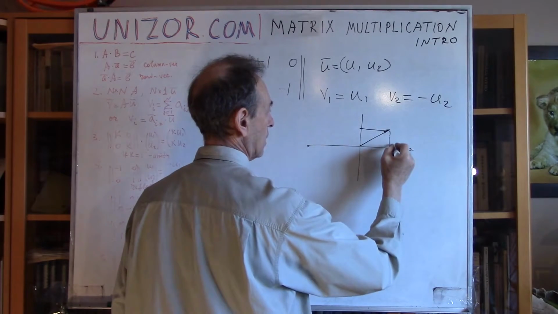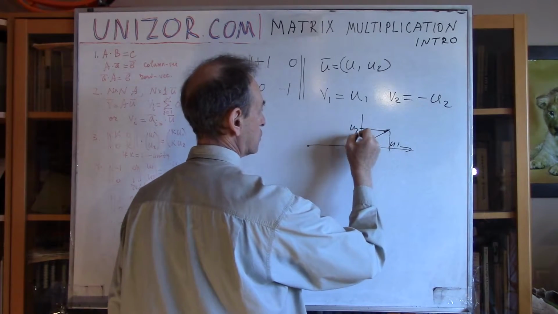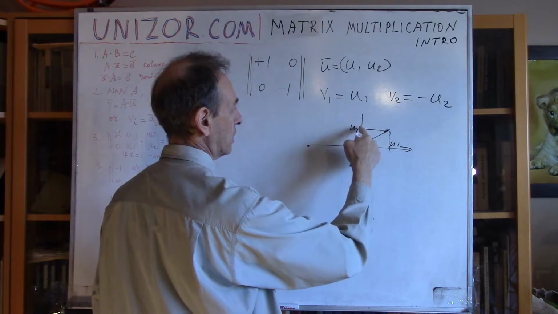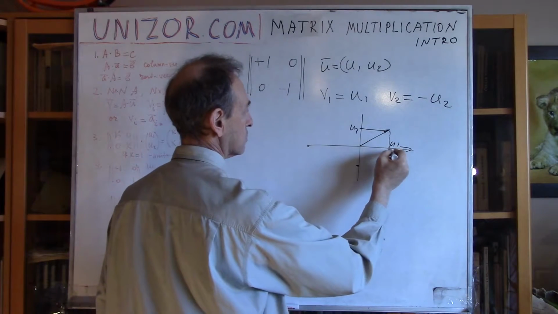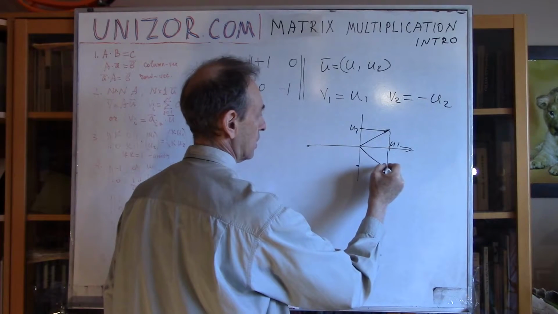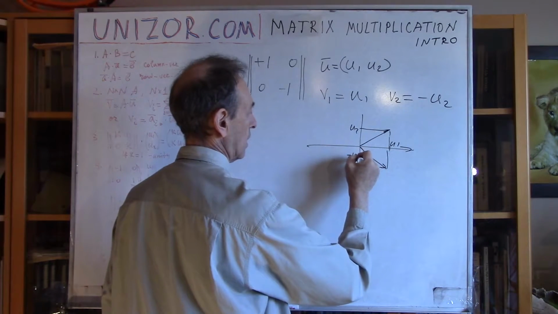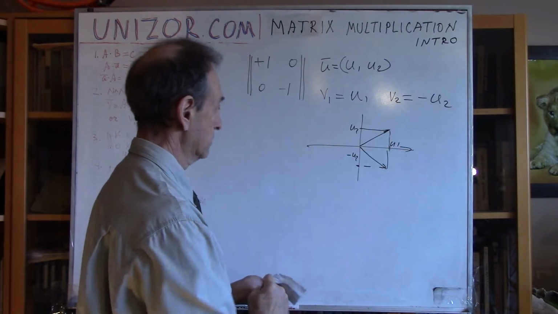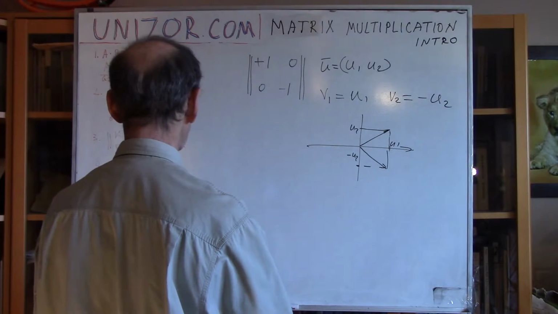This is our vector u1, u2, so u1 remains intact, but u2 is changing to minus u2. So that would be reflection relative to the x-axis. All right? That's as simple.